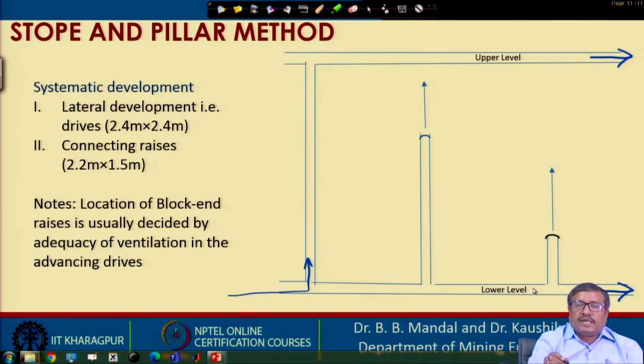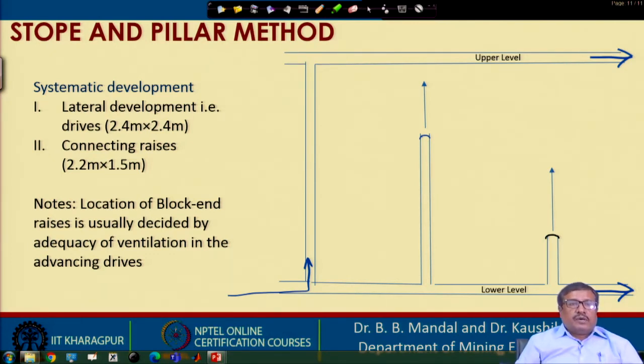You must know how to make these lateral developments called the drives. It is a standard size, say 2.4 by 2.4 meter. Connecting raises, this is the connecting raise from the bottom level to the upper level, you can make 2.2 meter by 1.5 meter is one design, but you can change it also.